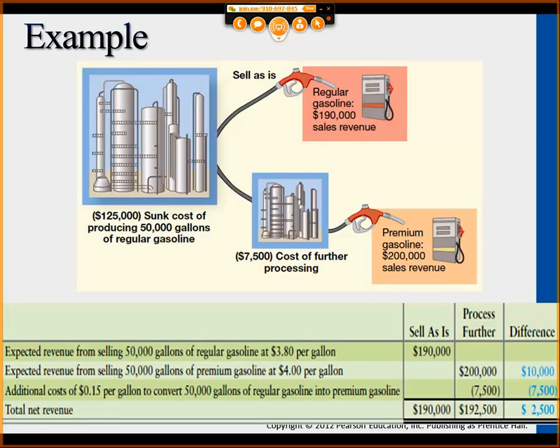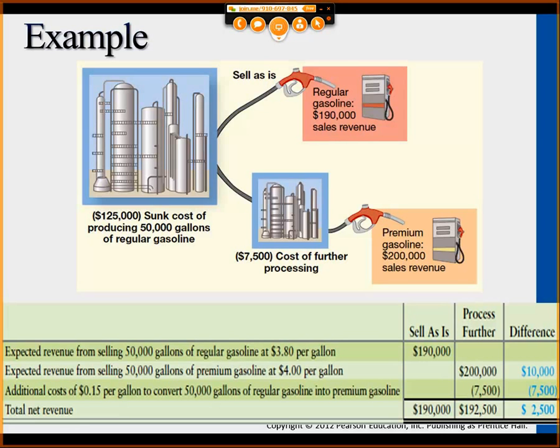So what do we have on the bottom here? We can sell our premium gasoline at $4 per gallon. That's 50,000 gallons at $4 per gallon, so we're going to get $200,000 of revenue.